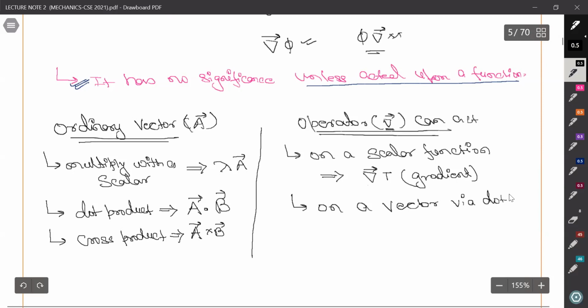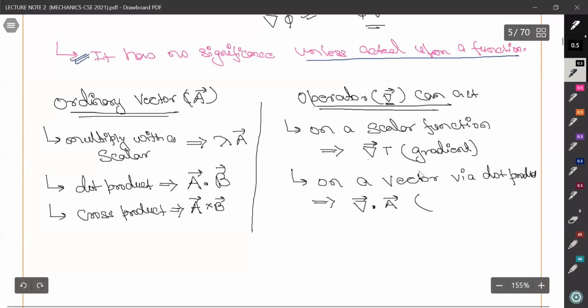So via dot product, we can write it as, let's suppose, del dot A, and this is what we call divergence.